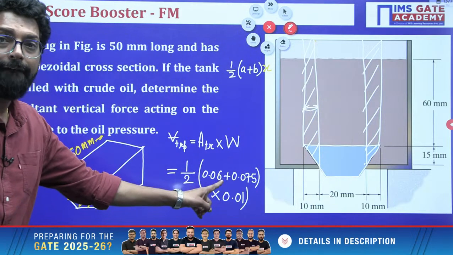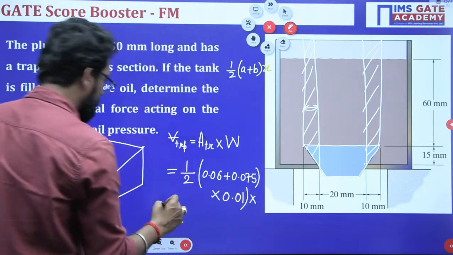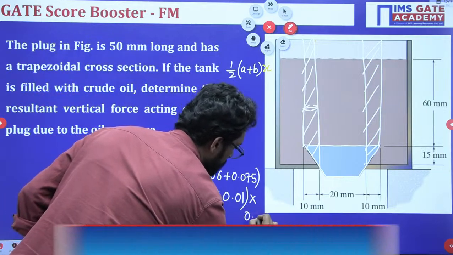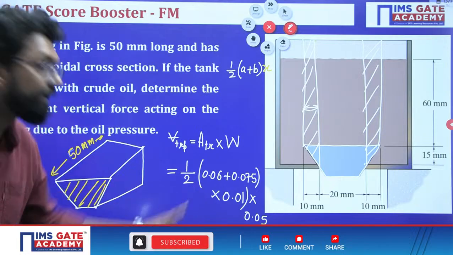This area into the width, 0.05, is the volume. Multiply with 2. That is the total vertical force.